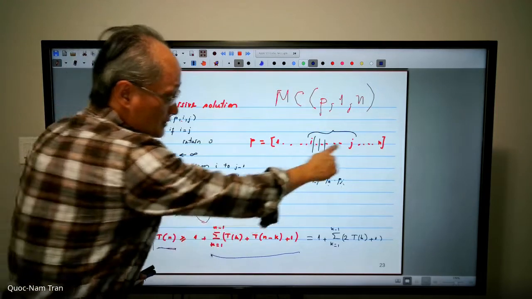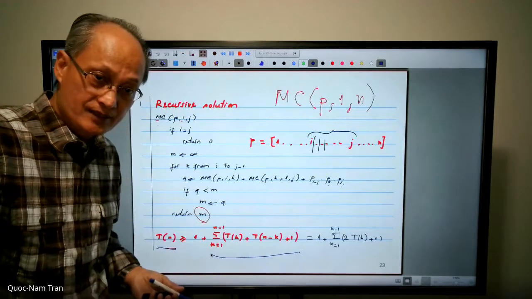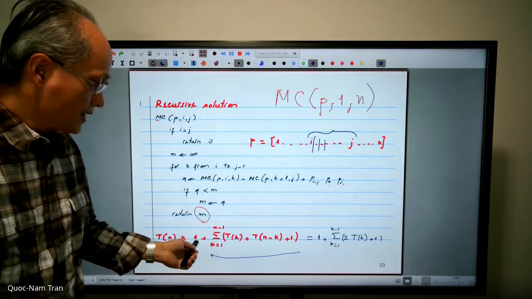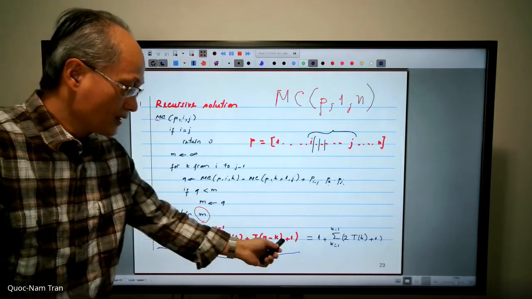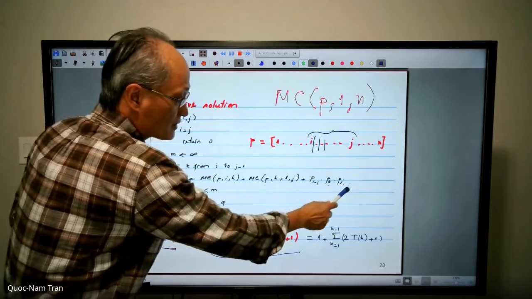And then the rest will have n minus k elements. So Tn will be 1 plus the sum here, and plus 1 comes from this extra cost.